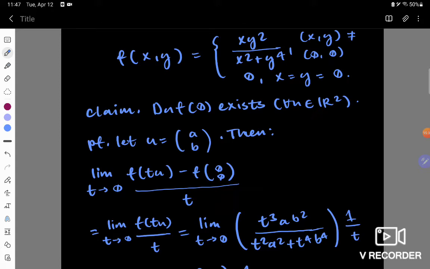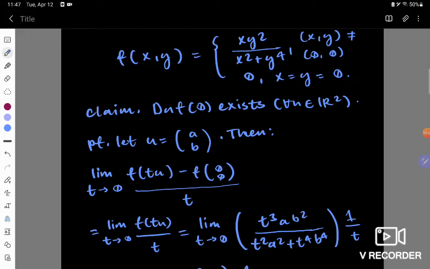Now just directly evaluating f on t times u, where u equals this column vector, you can check that it actually expands to this. So as t goes to 0, we just plug these in and we get t cubed ab squared over t squared a squared plus t to the fourth b to the fourth. And I pulled out this t here as just times 1 over t at the end.